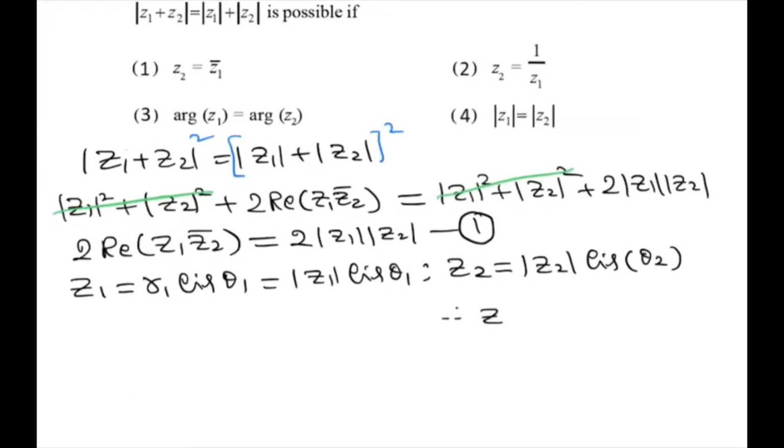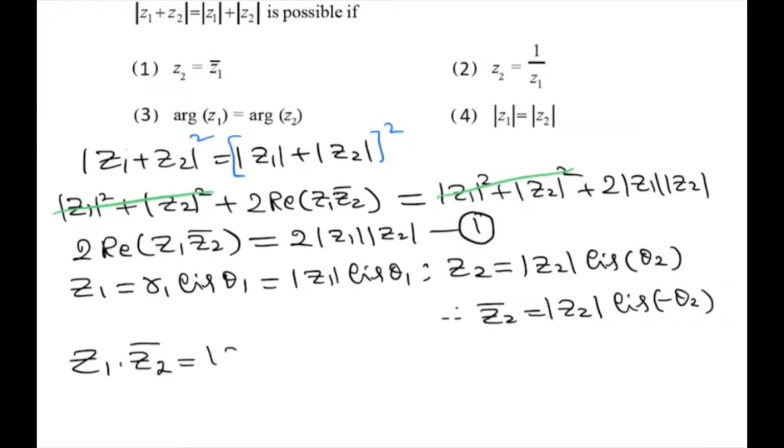And therefore, conjugate of z2 will be modulus of z2 cis of minus theta 2. Now, if you take the product z1 into z2 bar, you get modulus of z1 into modulus of z2. Cis alpha into cis beta is cis of alpha plus beta. You can write it as cis of theta 1 minus theta 2.